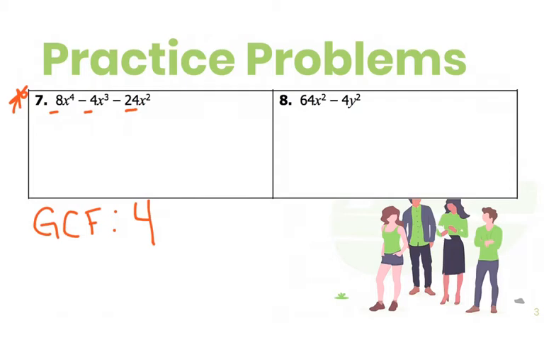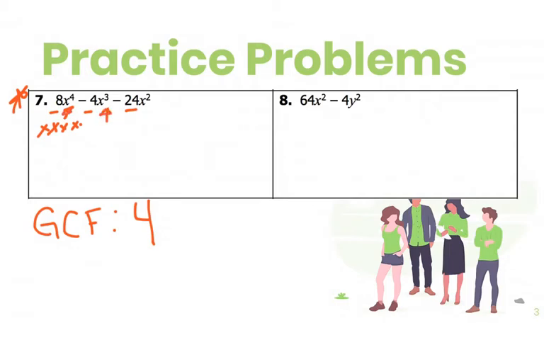There's no other number bigger than 4 that would actually divide evenly into 4, right? And 8 and 24. All right. So now I look at the variables. Here I've got 4 x's, 1, 2, 3, 4. Let me put it over here.